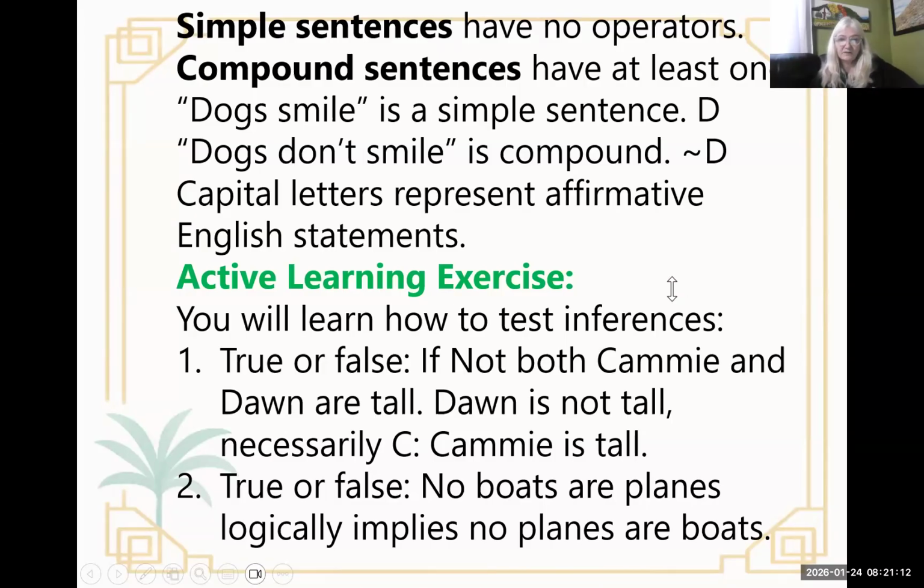So, active learning exercise: you will learn how to test inferences like this. True or false? If not both Cami and Don are tall, and Don is not tall, necessarily we can conclude Cami is tall. True or false? No boats are planes logically implies no planes are boats.